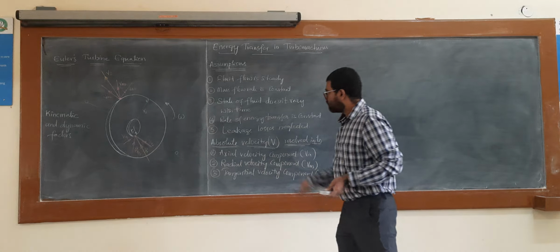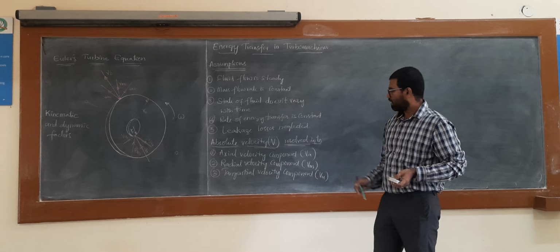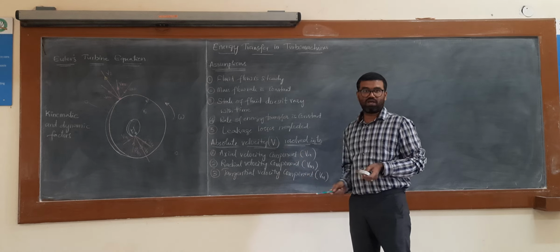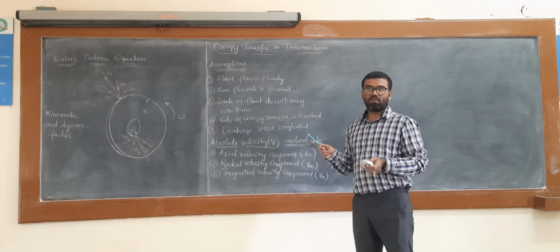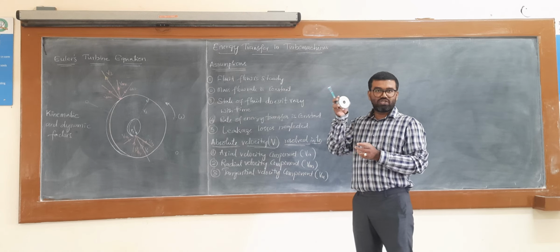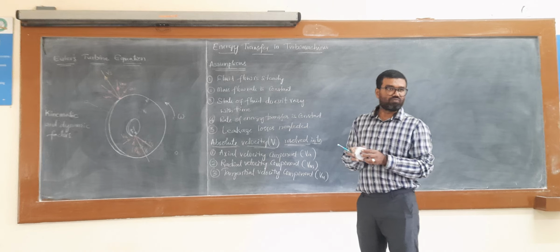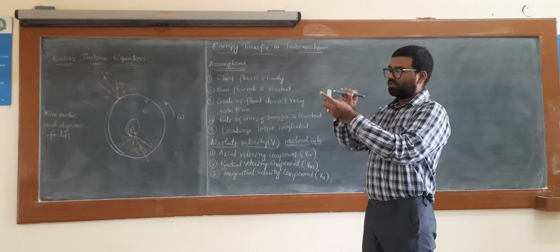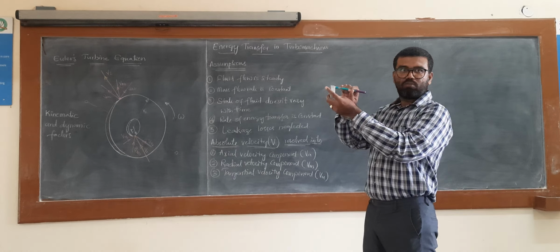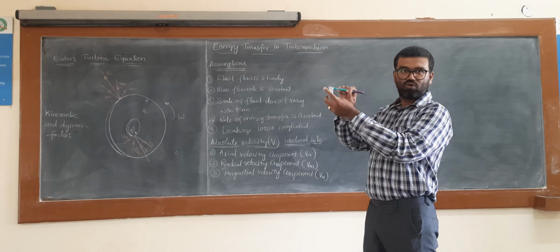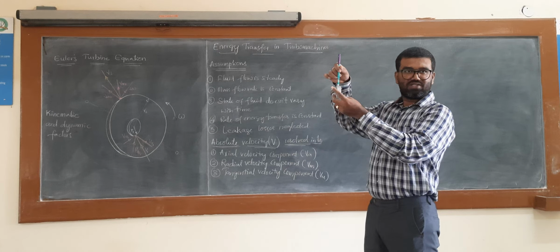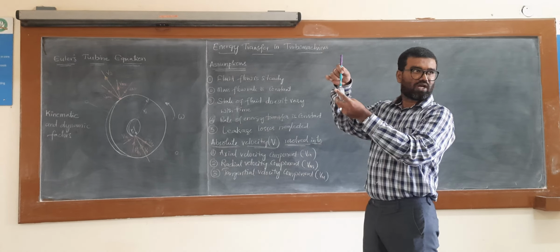Before deriving the Euler's turbine equation, first we should know out of these three velocity components, which velocity component will cause the tangential movement of the rotor. You just see here the VA, that is axial velocity component, which causes the axial movement of the rotor. The radial velocity component just causes the radial movement of the rotor.